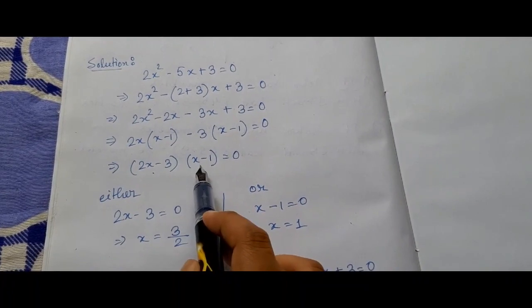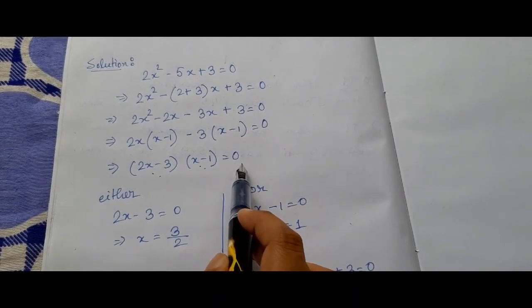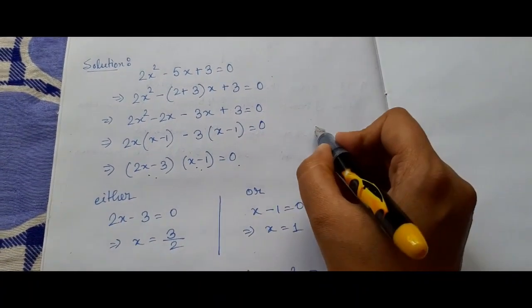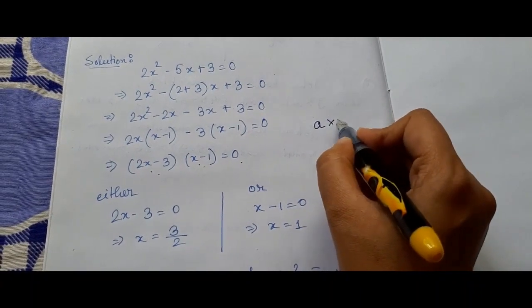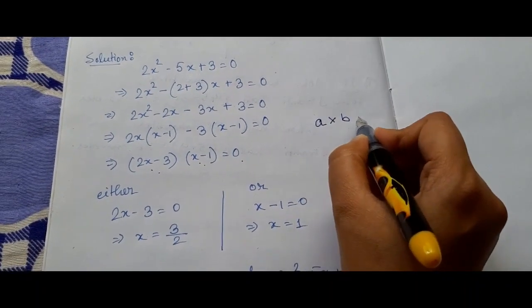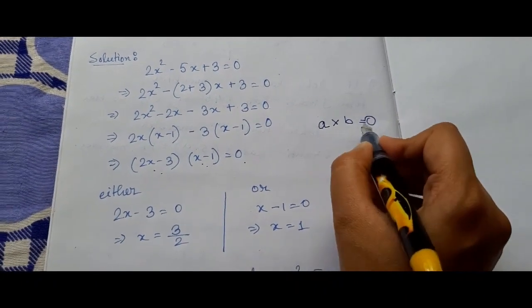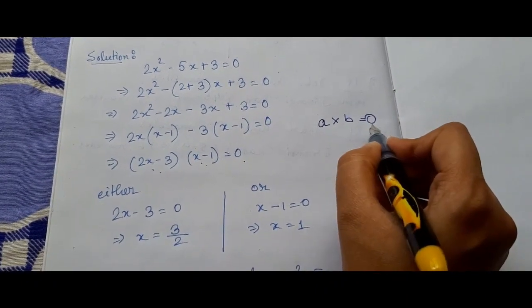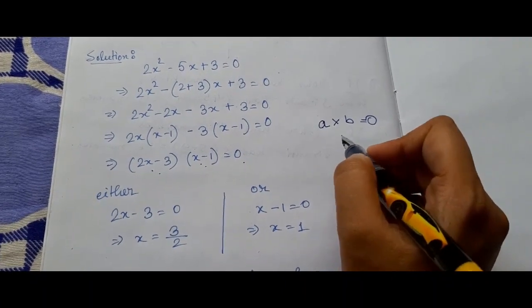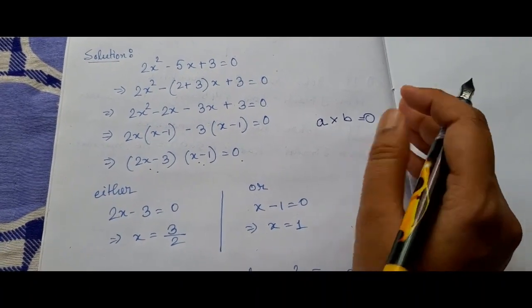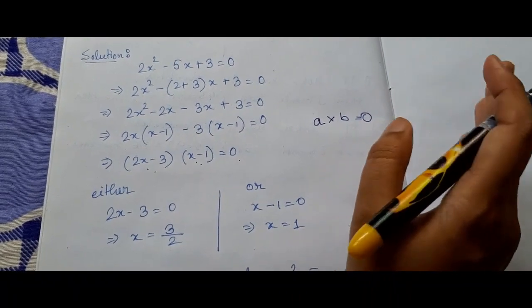The product of these two factors is equal to 0 when is it possible? Suppose a is a number and b is a number, and a × b = 0. What does it mean? It means either a = 0 or b = 0. Because if you multiply 1 with 2, it is 2; 2 with 3, 6; 3 into 4, 12.